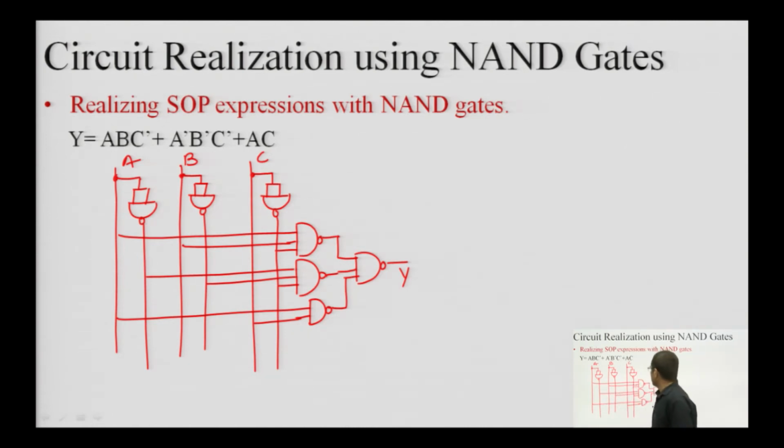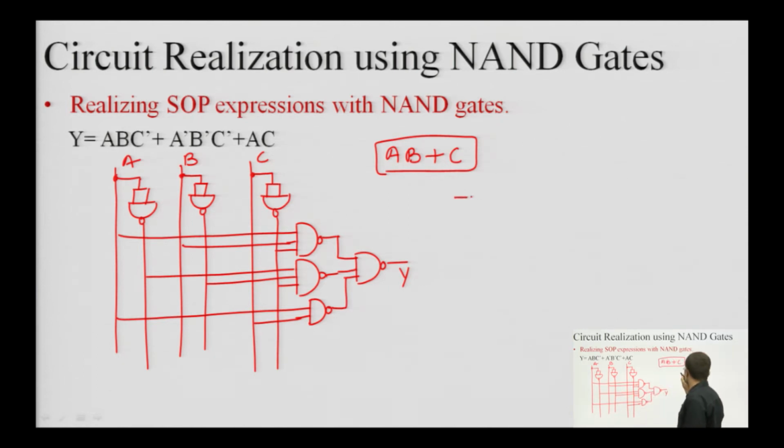But one thing has to be kept in mind. If I have to realize this A B plus C kind of structure using NAND gates, then I have to keep in mind that AND OR structures are similar to NAND. That means, this A B can be in the form of this NAND gate, but this C has also to pass through a NAND gate, only then it will be considered as an AND OR based structure.